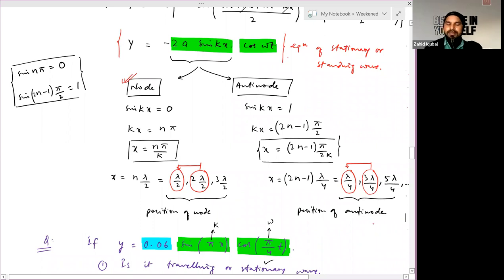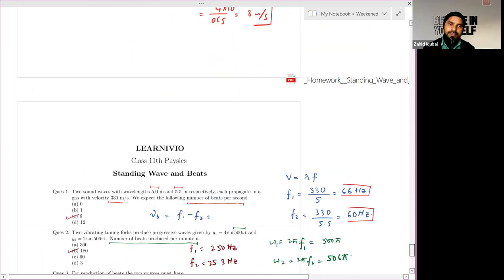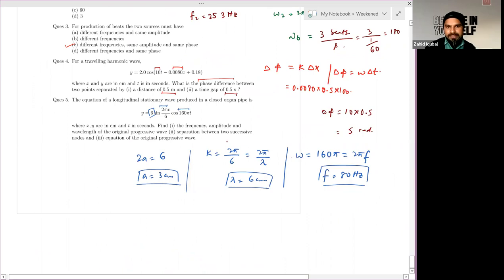So from this we can say position of node and antinode differ by lambda by 2, both. So using this concept, in this question we have to find separation between two successive nodes.